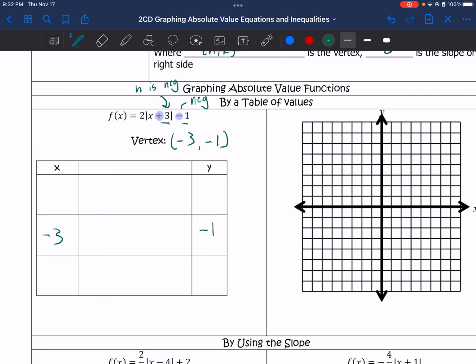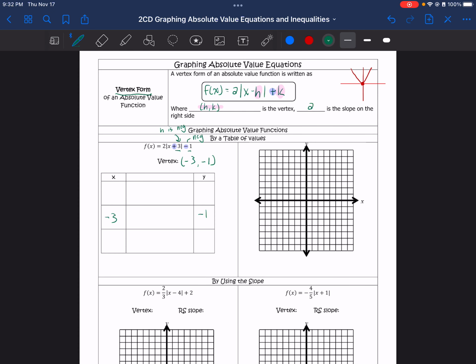Now, when we are using a table of values, we have to find the graph when it is going towards the right side and going towards the left side. Well, we see that our absolute value graph here is symmetrical across the vertex. So we will have the same point for y when we move the same exact distance of x.